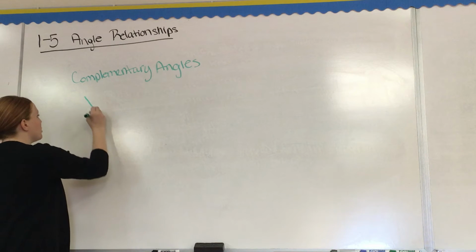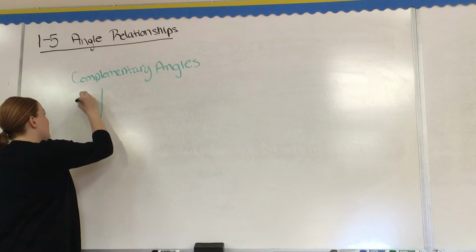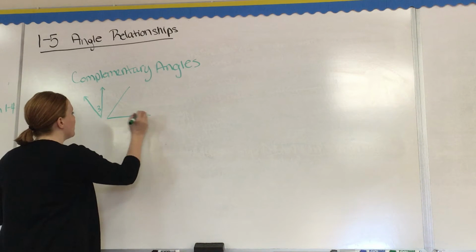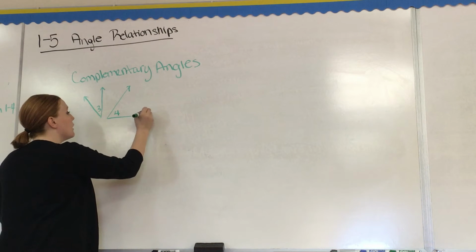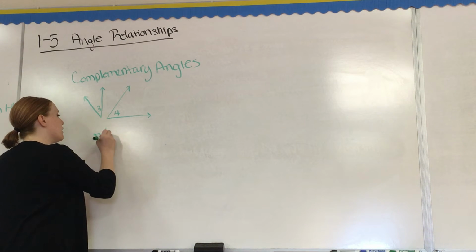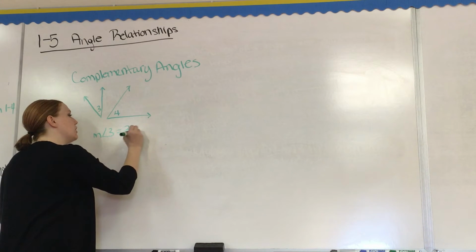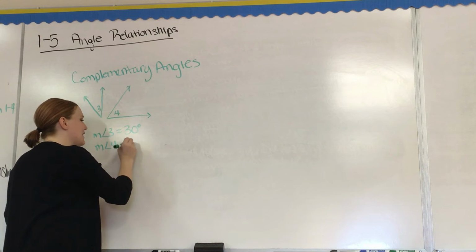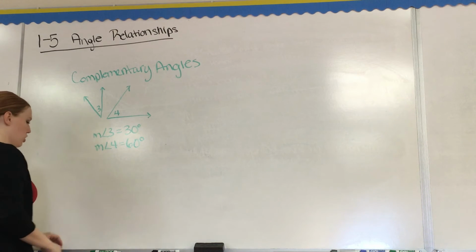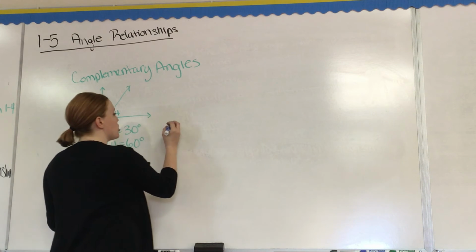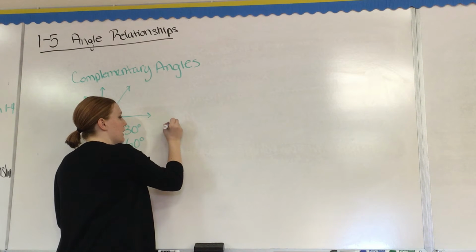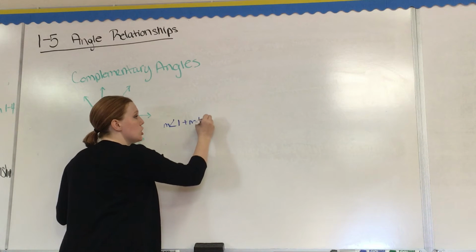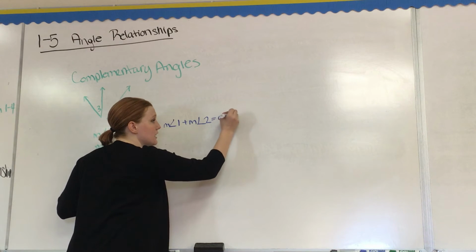Let's say I have an angle here, angle 3, and I have another angle here, angle 4. And the measure of angle 3 equals 30 degrees, and the measure of angle 4 equals 60 degrees. When we are going through complementary angles, our checklist is, does the measure of angle 1 plus the measure of angle 2 equal 90?